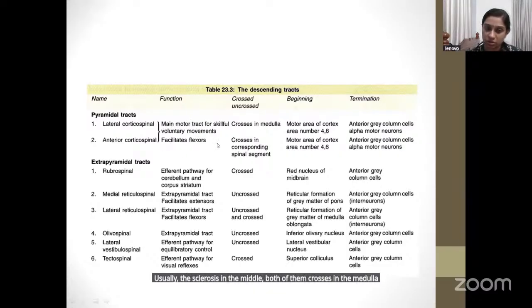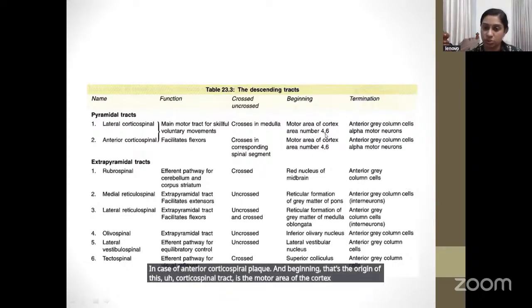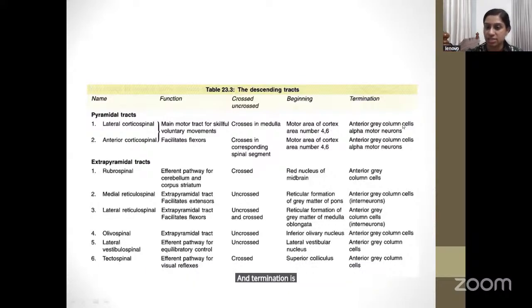Also, some crossing occurs at the corresponding spinal segment in the case of the anterior corticospinal tract. The origin of this corticospinal tract is the motor area of the cortex, areas 4 and 6. The cerebral cortex is divided into different numbered areas. And termination is in the anterior gray column cells, the alpha motor neurons in the anterior horn.